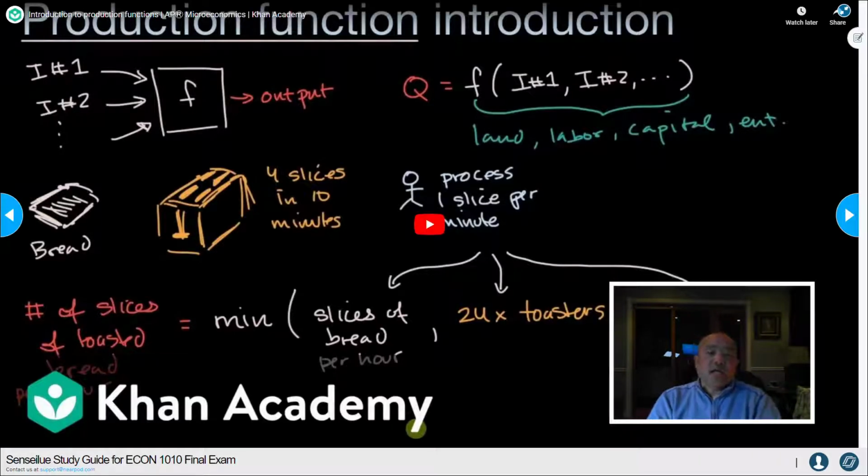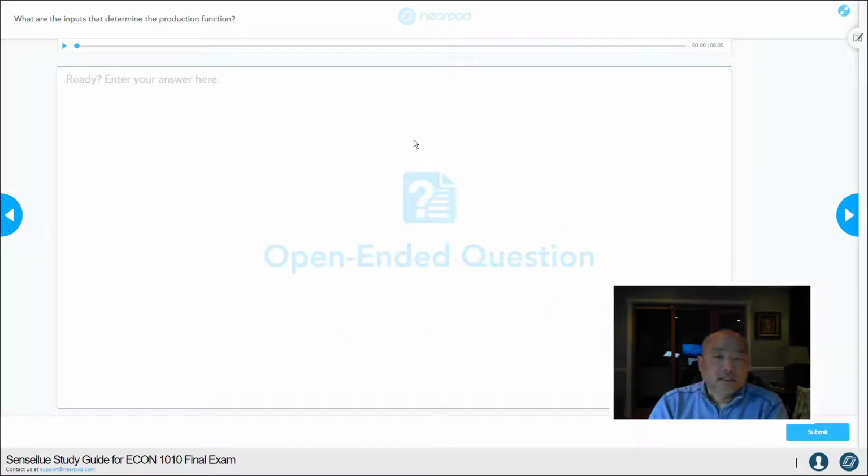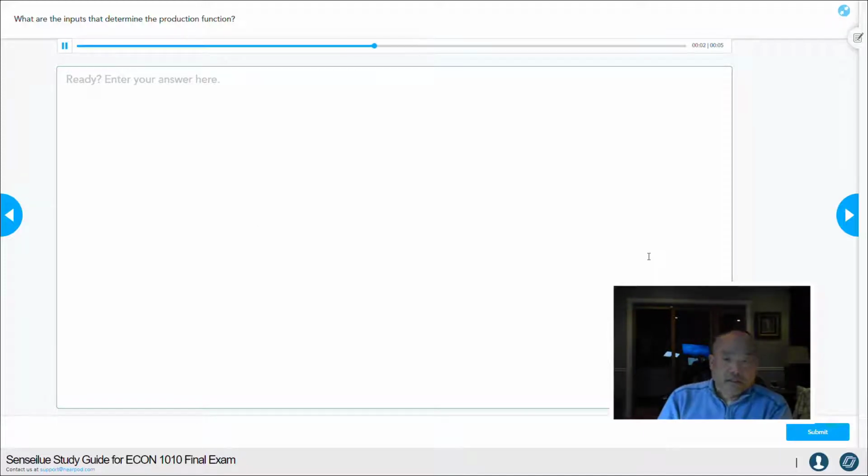This is a Khan Academy video about the production function. Essentially, when we're looking at a production function, a certain output is the result of certain input. So let's take a brief look at this. All right. What are the inputs that determine the production function?